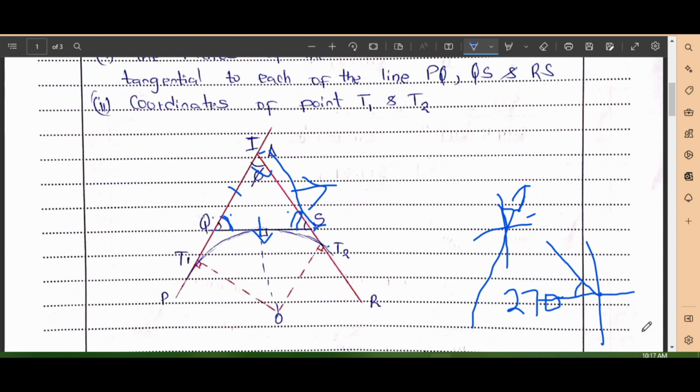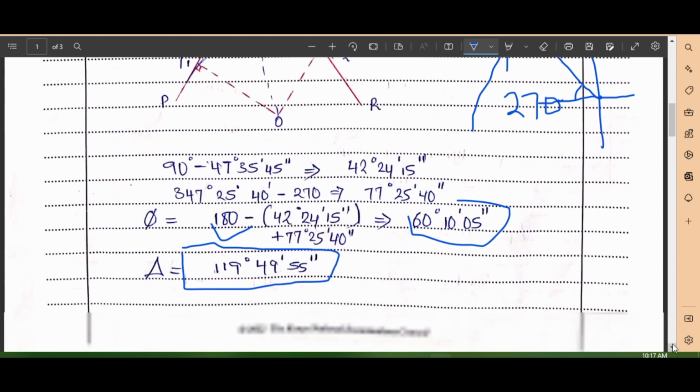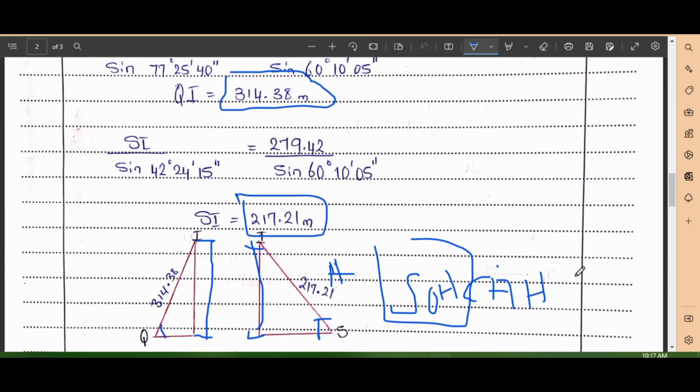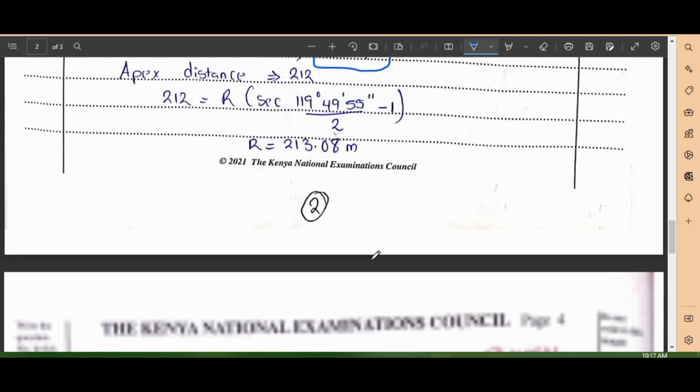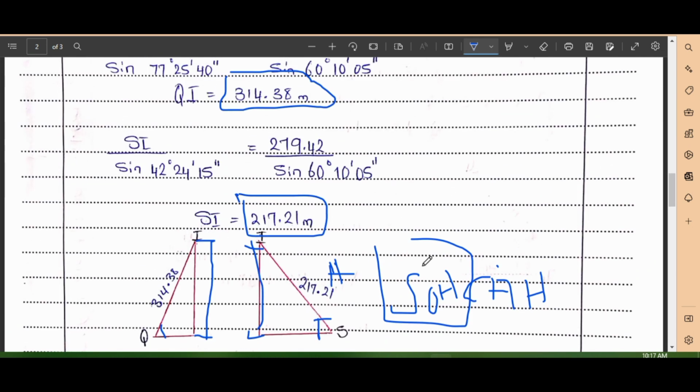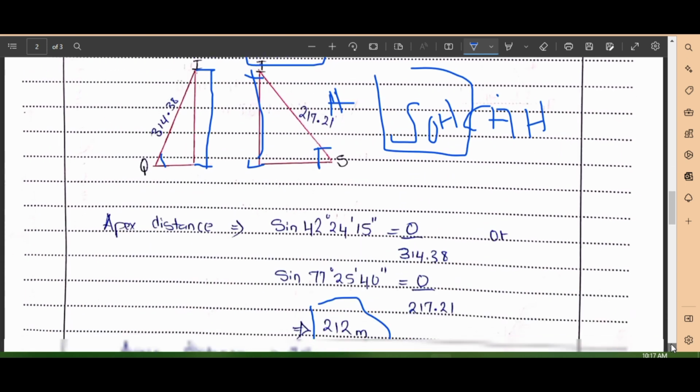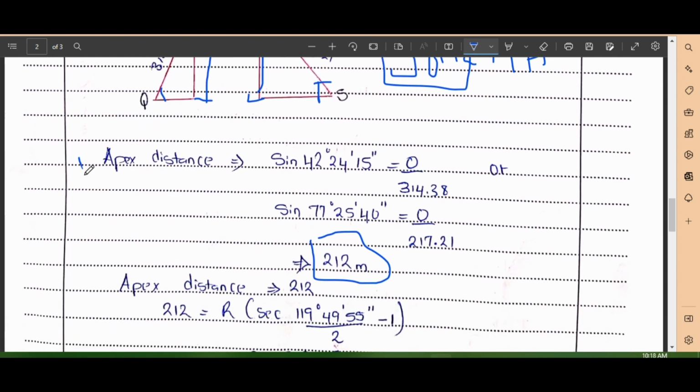So that is the apex distance, and we have already calculated the apex distance here. So the apex distance will be 212 meters. I compare this apex distance to the formula.